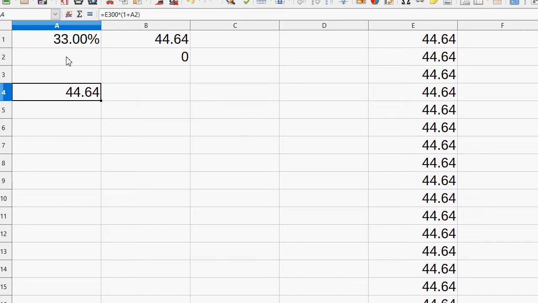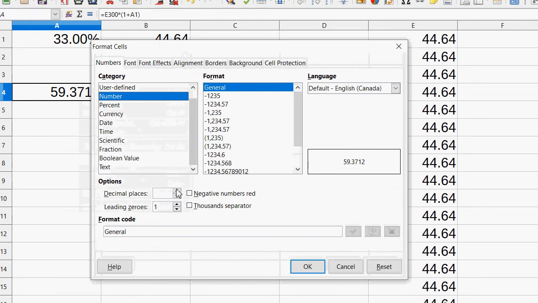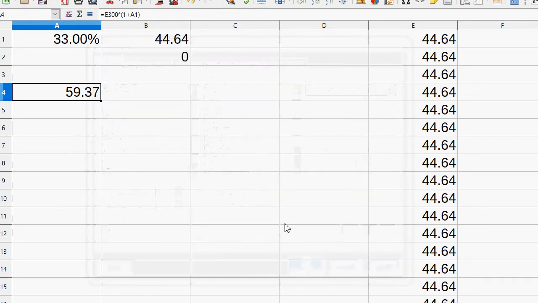So equals E300, which is 44.64, multiply 1.33, which is what it's doing in here. A1, actually. Yeah. I bet a lot of you saw that, and some of you were probably laughing, which is cool, actually. I kind of like that, because I make those types of mistakes quite frequently here and there.